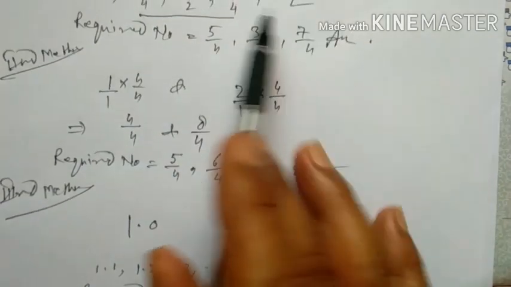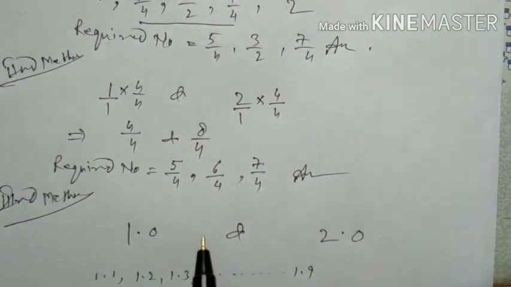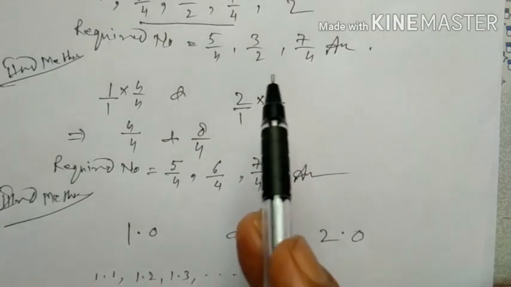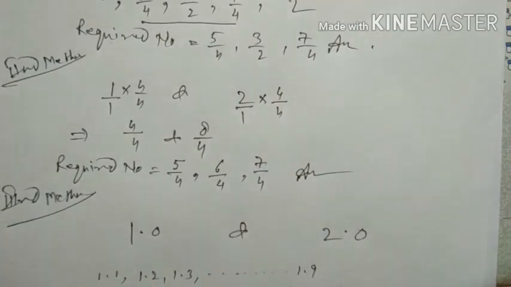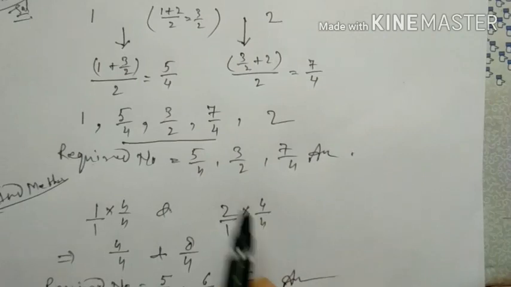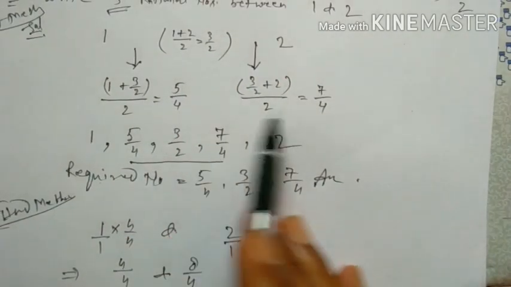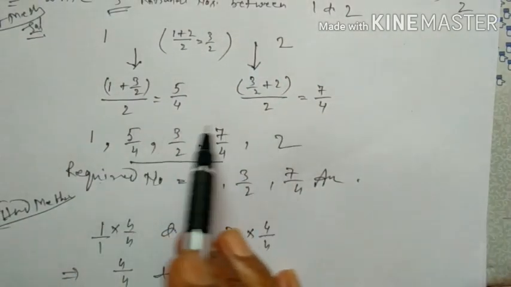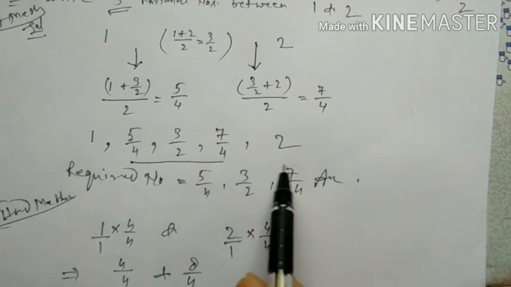All these 3 methods give different answers, but the answers are right. The first method becomes complicated if you find more numbers.